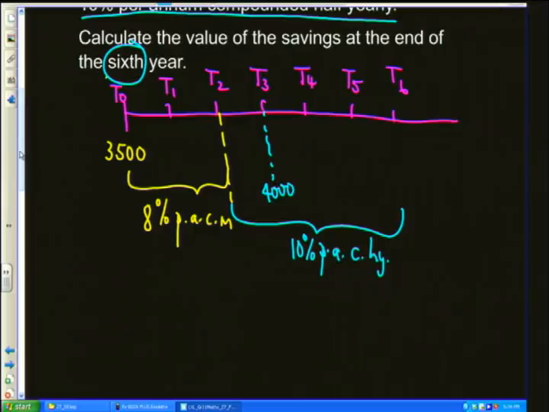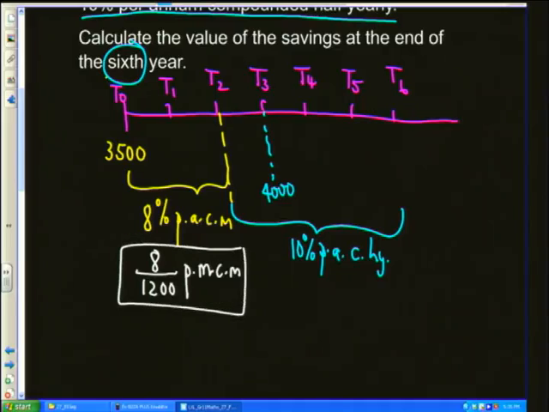So notice I don't have an effective rate. I first need an effective rate because I can already see it's per annum compounded monthly, and I can do nothing with that. So I'm going to quickly say that my effective rate here will be 8% over 100, but it's going to be monthly, so it's going to be per month, compounded monthly. So this is now going to help me in my formula.